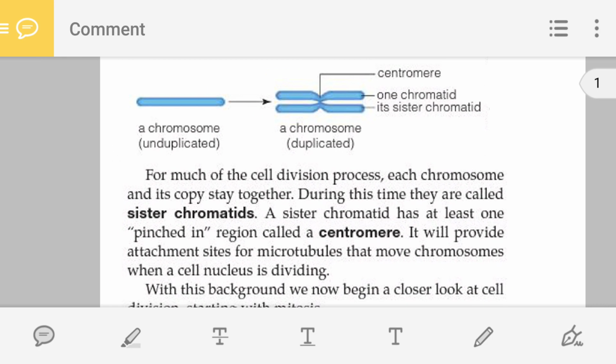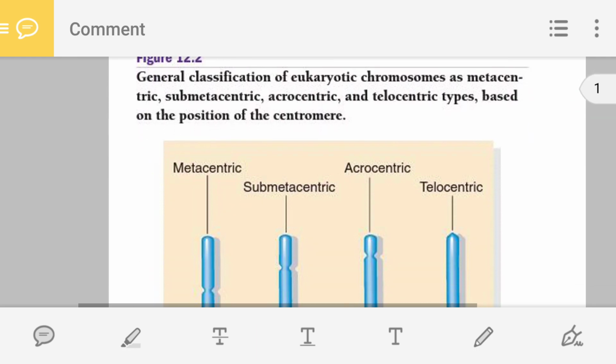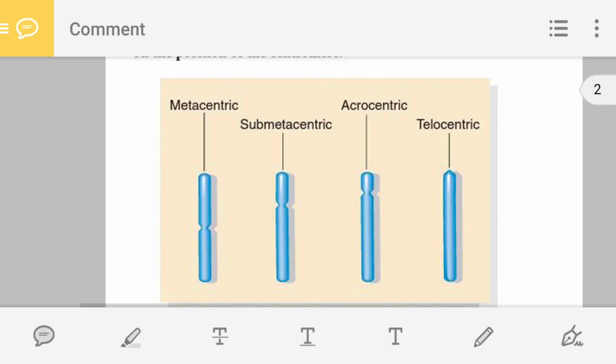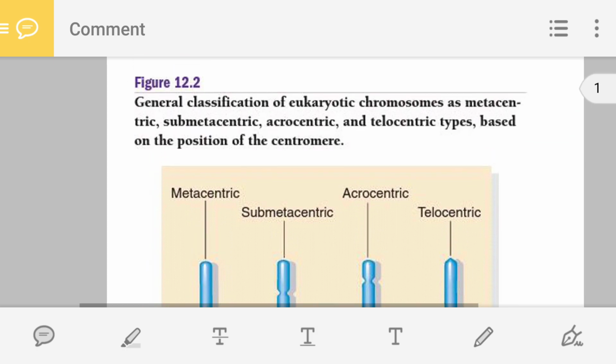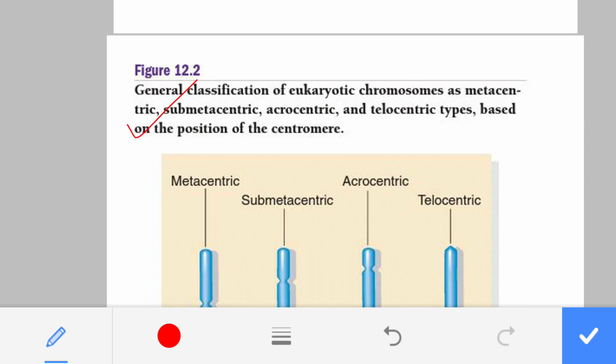Okay, now we are moving to the types of the chromosome. Now in eukaryotic cells, four types of chromosomes are present, and these types are based on the position of the centromere.